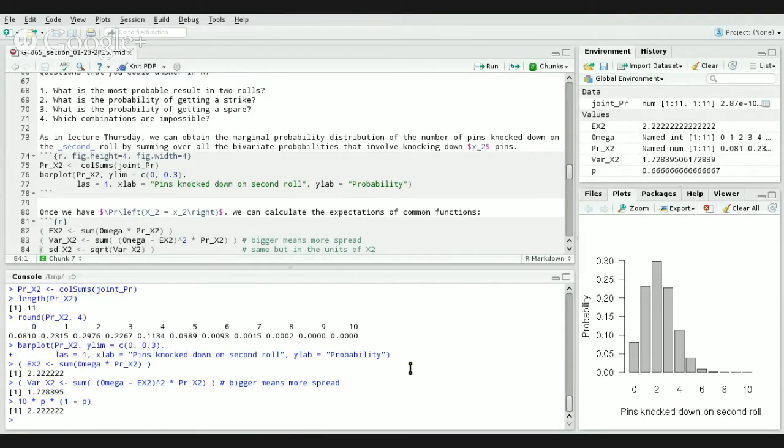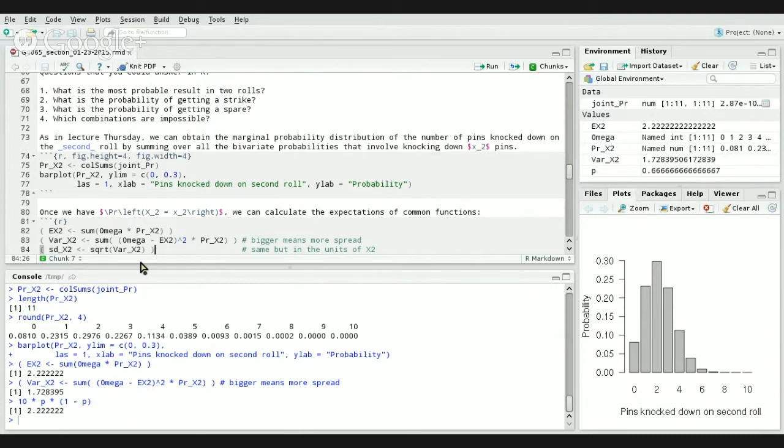Thus, the variance on the second roll is smaller than the marginal variance on the first roll, and that's again due to the fact that there's fewer pins available to be knocked down on the second roll than there is on the first roll.